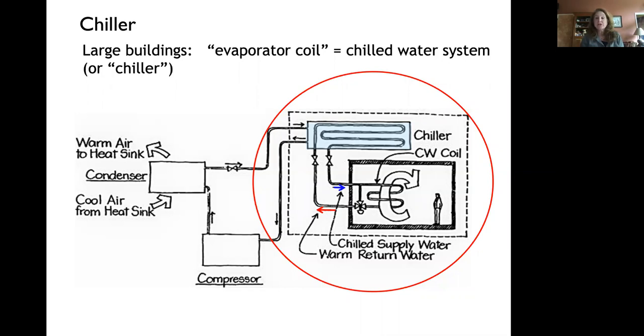So with an air conditioner or refrigerator, you're running air over the coils. In this case, you have a heat exchanger and you're chilling cold water. That's why it's called a chiller. Then you take that cold water and circulate it through pipes to your building. And I'll show you a little bit more accurate system of how that's done.